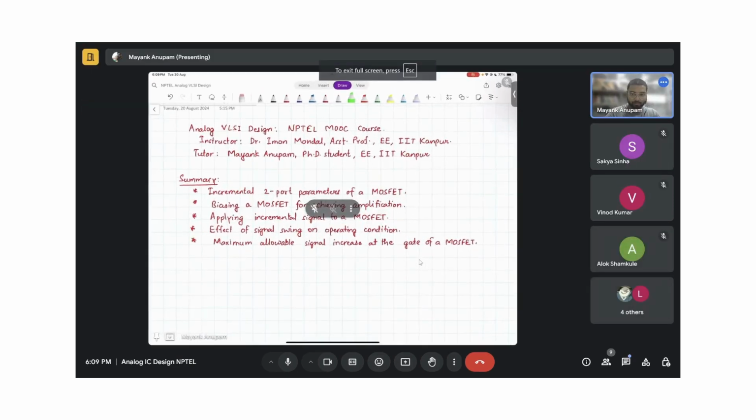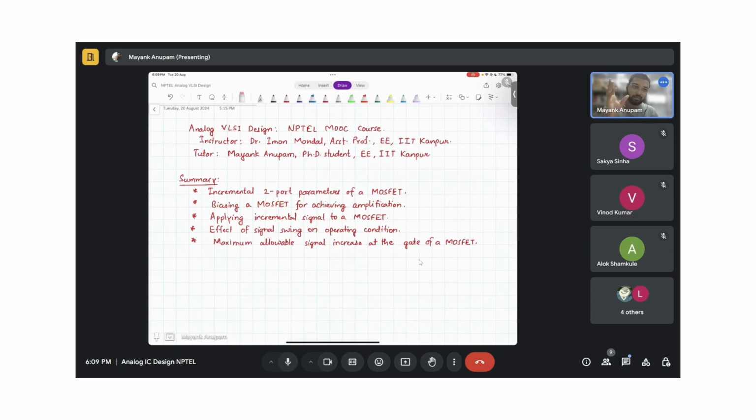Fine. So as I was saying, since the MOSFET is a non-linear device, we learned that in any non-linear device we need to have a certain bias point, the quiescent point, and around that we operate our device to get power amplification. That is why we learned how to bias a MOSFET.